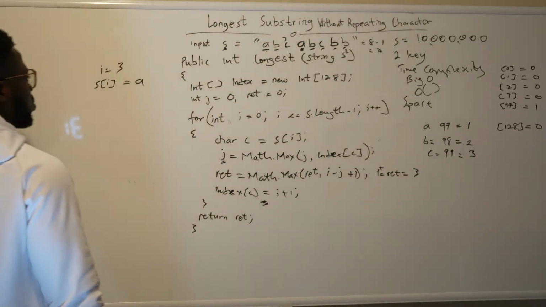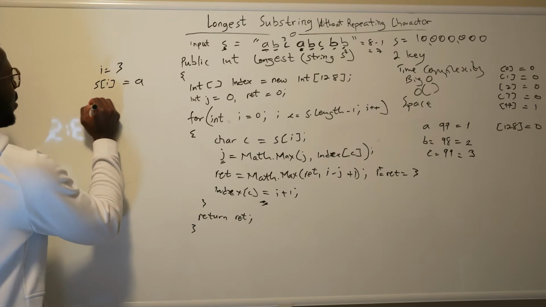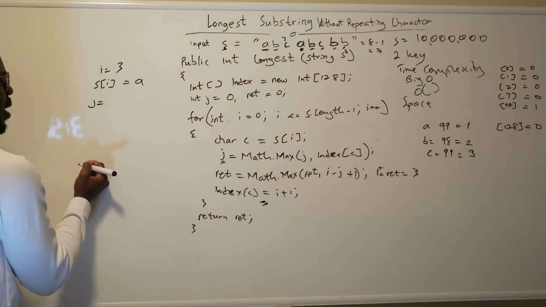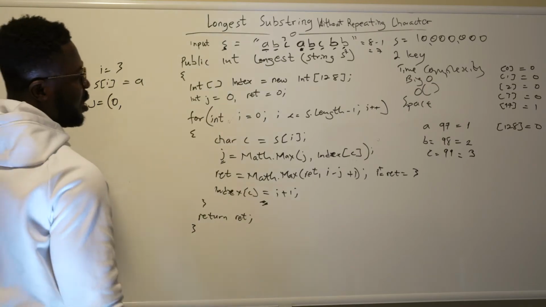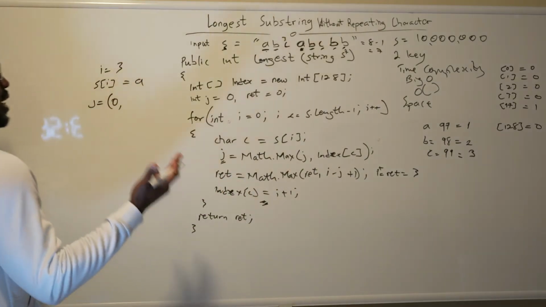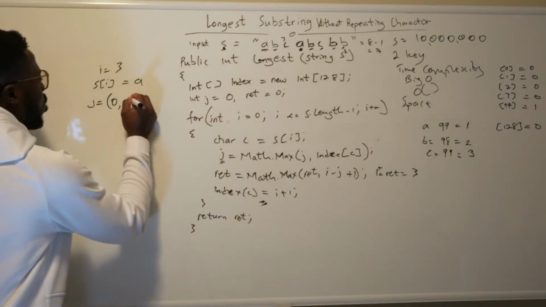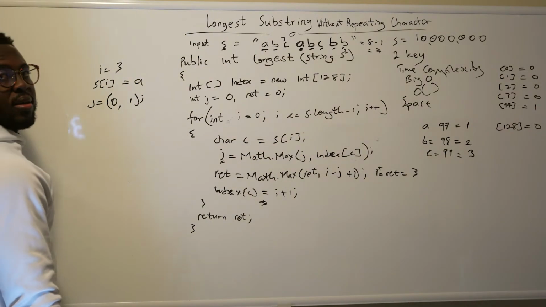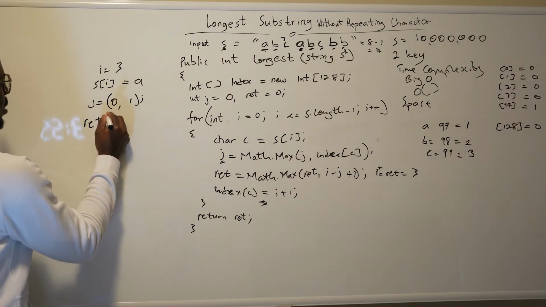So what we are going to do now is we are going to find J, right? And we know J is 0. Index at A, we already know we set it to 1. Pretty much. So we come to the ret.